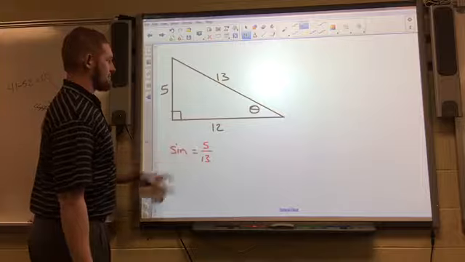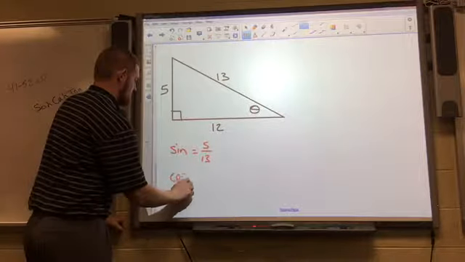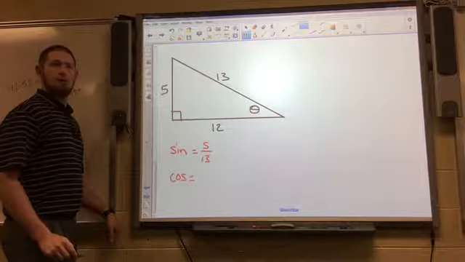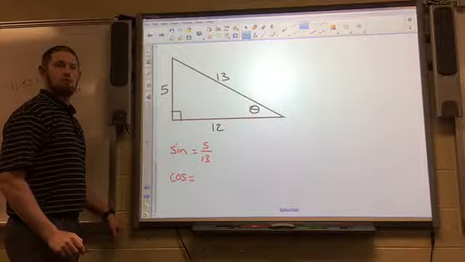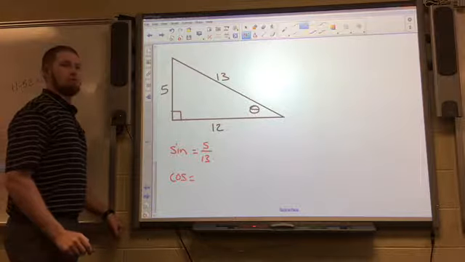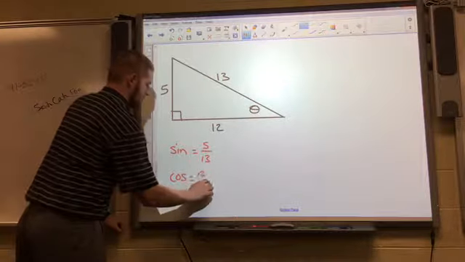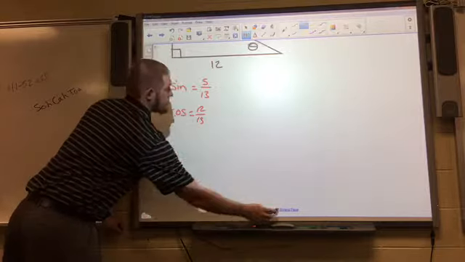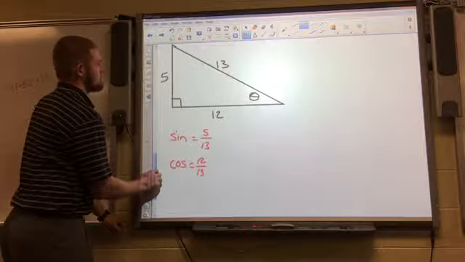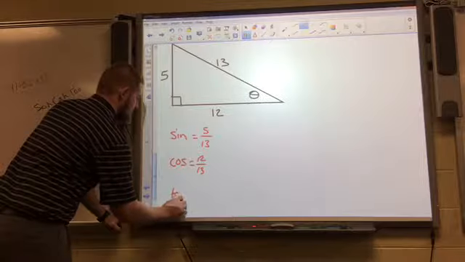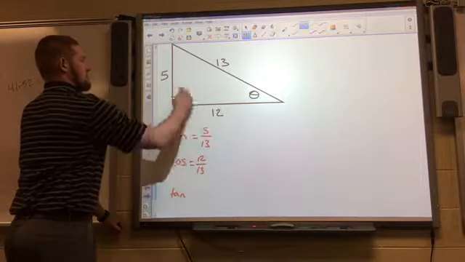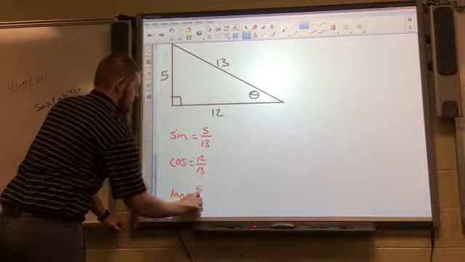So sine is 5 over 13. Cosine is 12 over 13. And then tangent is opposite over adjacent, so it would be 5 over 12.